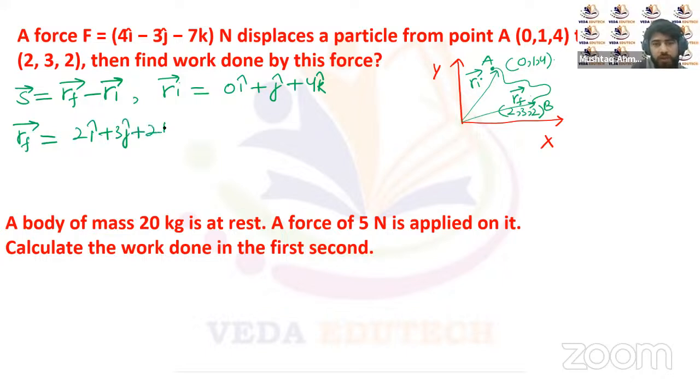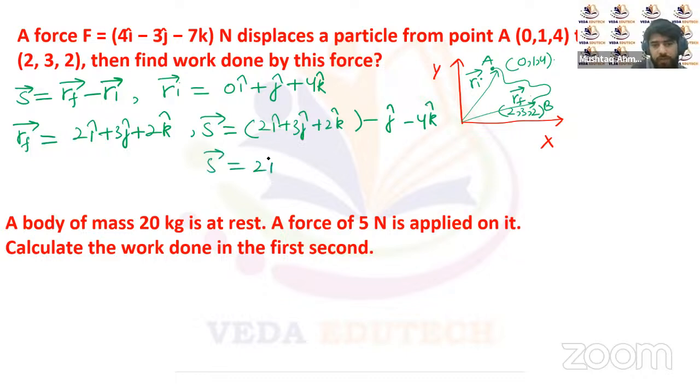So the displacement vector S will be R final minus R initial, that is 2i cap plus 3j cap plus 2k cap minus j cap minus 4k cap. So S vector will be equal to 2i cap plus 2j cap minus 2k cap. This is the displacement vector.